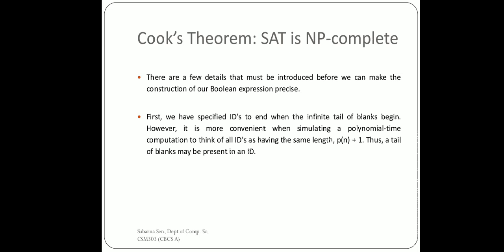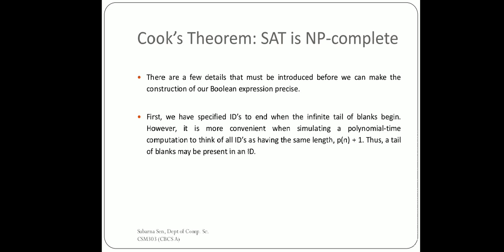So after the end of the total string of symbols which we have to process, when we encounter an infinite amount of blank symbols, that means we have entered the last processing symbol, right? So there we have to specify the ID to end. Whenever my ID gets a blank symbol after its first processing and other blank symbols carry on after that, then we have to specify that ID to be a finishing ID. After that we will not move anymore, right?